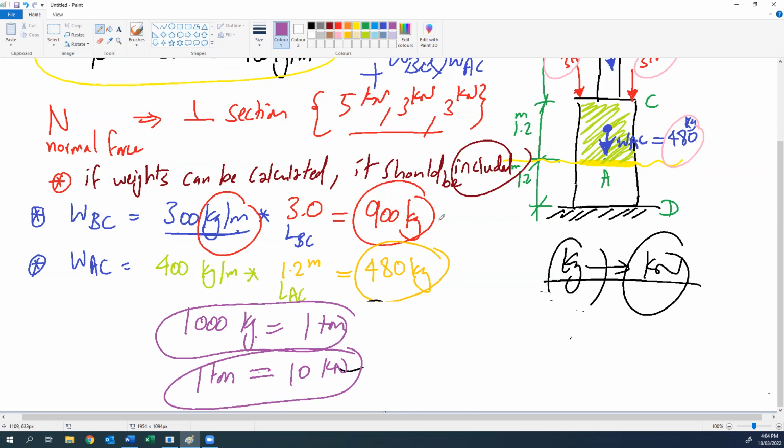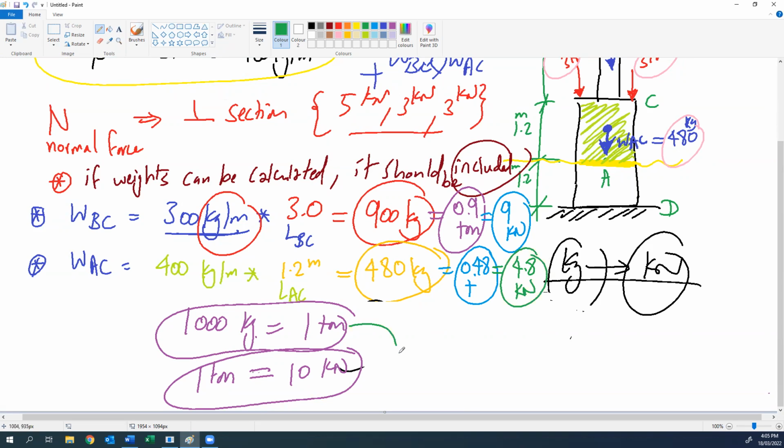So 900 kilogram is equal to 0.9 ton after dividing by 1000. Then 0.9 ton is equal to 9 kilonewton after multiplying by 10. Similarly here, 480 is 0.48 ton. Then multiplying by 10, it will be 4.8 kilonewton.